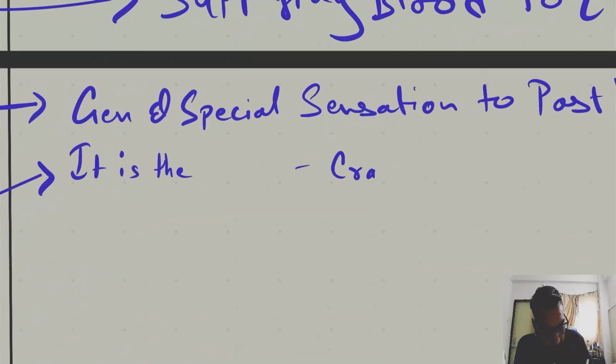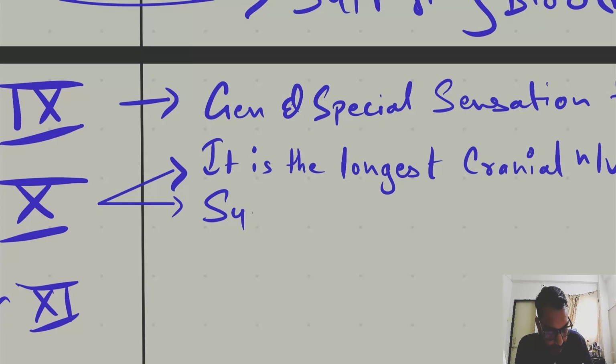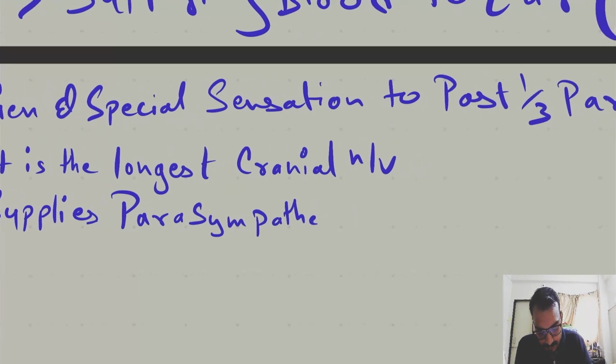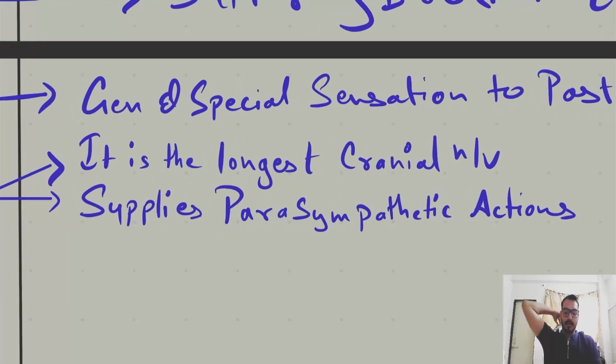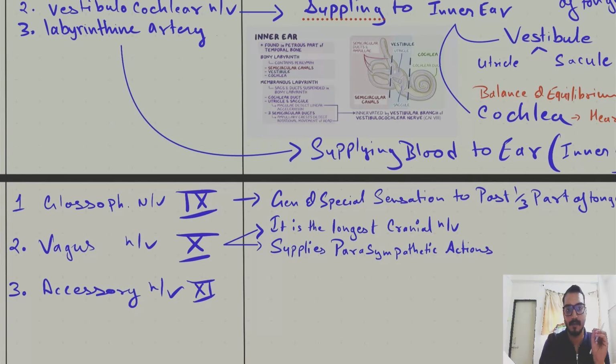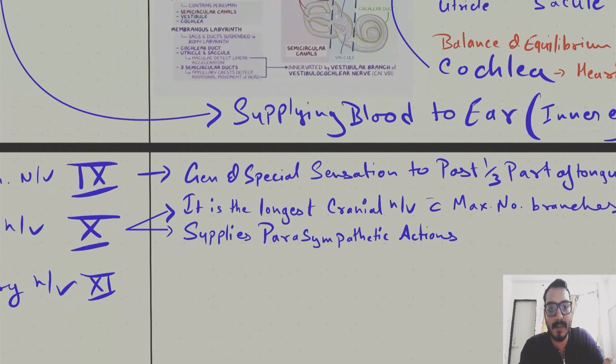The first is it is the longest cranial nerve, with the maximum number of branches. And the function is it is supplying the parasympathetic actions. We are discussing the 10th cranial nerve, the vagus nerve, and it has two important points to remember: it is the longest cranial nerve, and it is supplying the parasympathetic actions.